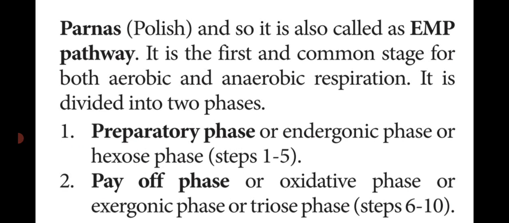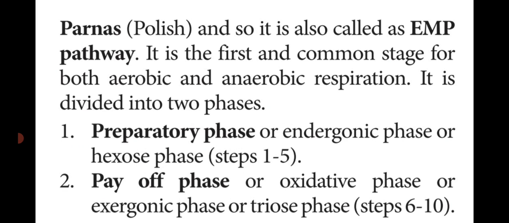It is divided into 2 phases. One is the preparatory phase or hexose phase. Totally 10 reactions take place in glycolysis. Steps 1 to 5, in which the chemical compounds involved are 6-carbon compounds, are known as the hexose phase.